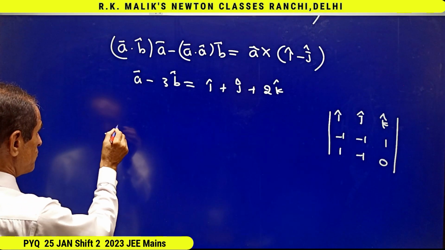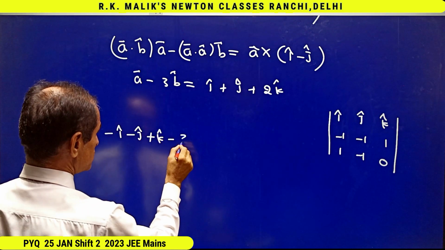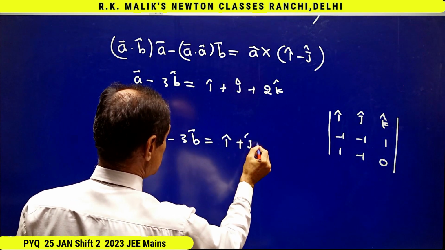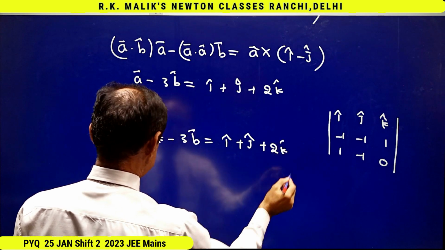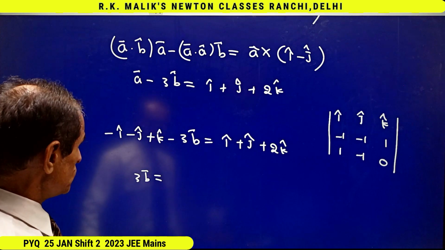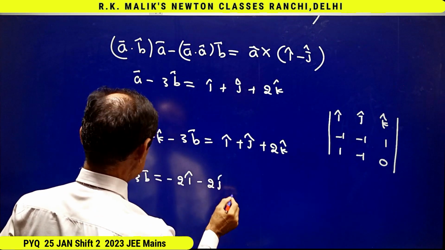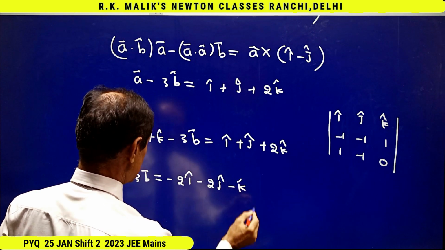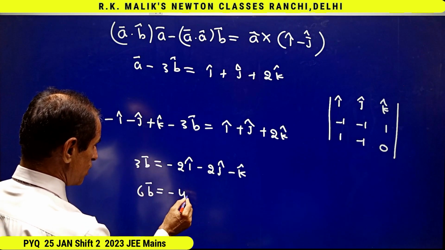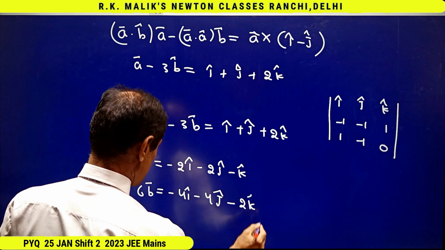As A is minus I minus j plus k, minus 3b equal to I plus j plus 2k. Hence 3b is equal to minus 2i minus 2j minus k. Therefore 6b equal to minus 4i minus 4j minus 2k.